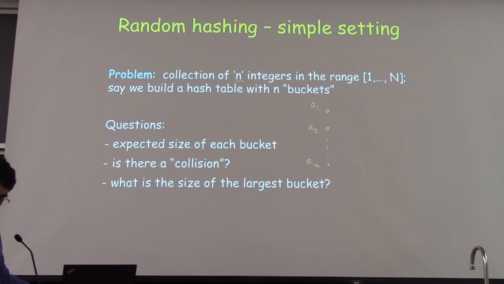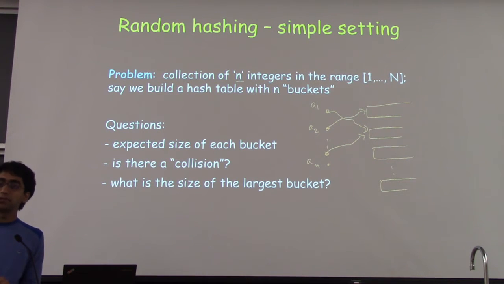Think of a bucket as being something like this, a sideways growing bucket, and each one goes into a random bucket. Maybe 2 go into this one, and so on.